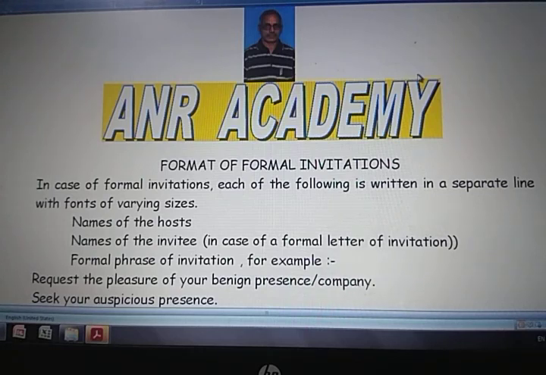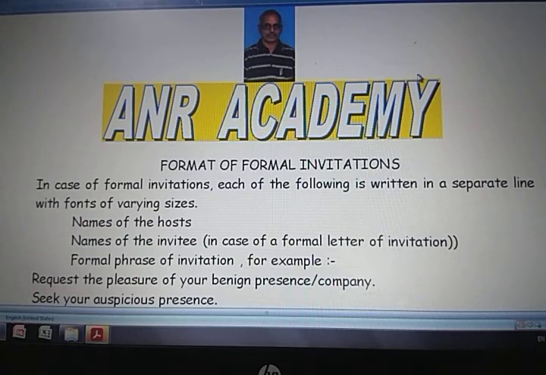In case of formal invitations, each of the following is written in a separate line with fonts of varying sizes. Understood? This is very important. Certain points will be there which should be attracted. So for those points, you should have a different format, different font or a different color.